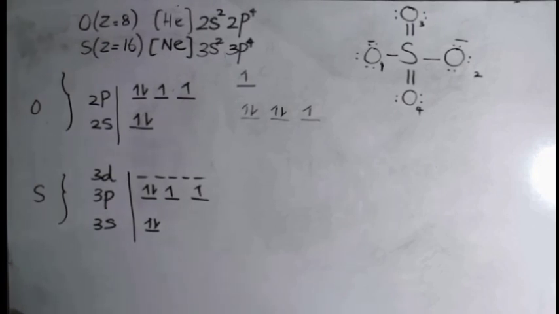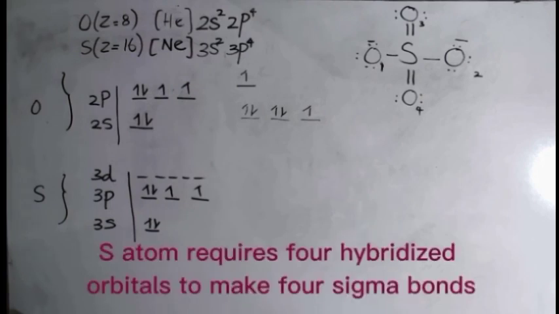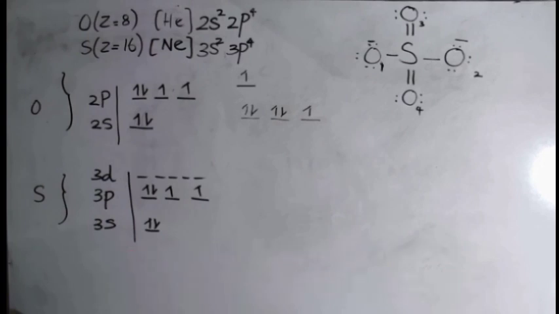Now we can go to the sulfur atom. Sulfur has 4 sigma bonds and 2 pi bonds. To make 4 sigma bonds, we have to have 4 hybridized orbitals. As mentioned earlier, hybrid orbitals do not link with pi bonds. So then we have to have 2 unpaired electrons to make those 2 pi bonds.